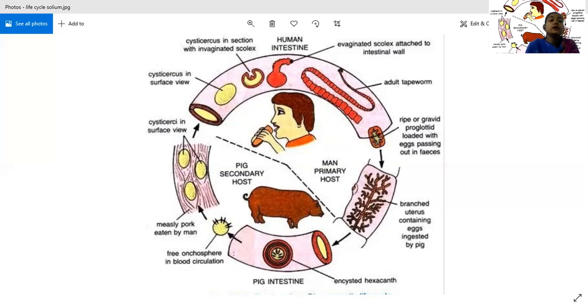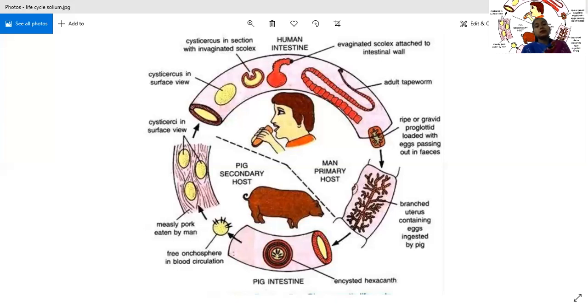Okay, and human infection, cysticercosis: fecal-oral contamination with Taenia solium eggs from tapeworm carriers. An internal autoinfection is also possible. The invasive oncospheres in the eggs are liberated by the action of gastric acid and cross the bowel wall.